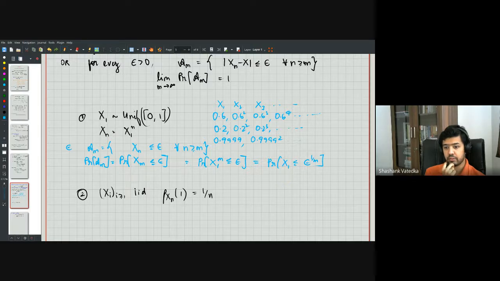Are you sure that it is epsilon raised to 1 over m? x1 is a uniform random variable, and you want to know what is the probability that this is less than or equal to epsilon raised to 1 over m.